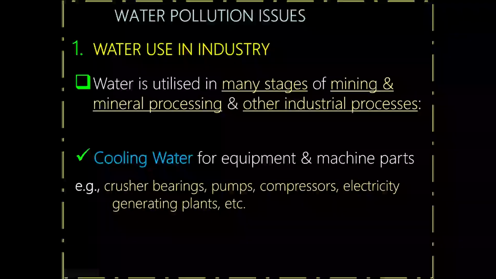Example, crusher bearings. You know, when you are crushing, the balls become hot. And if it becomes hot, it releases heat into the work environment. Like from the last lecture, we said if the environment within which you work is hotter than your core temperature, which is around 37 degrees Celsius, the heat in that environment will push heat into the human body.